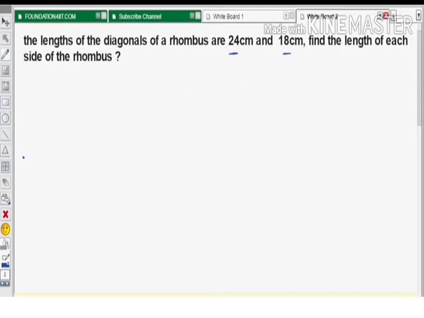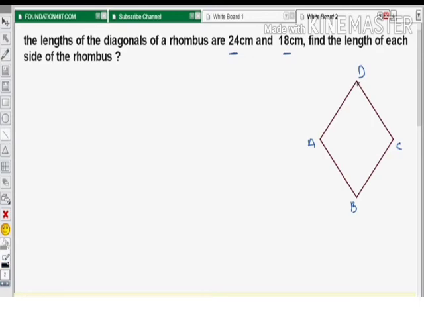If we observe the rhombus properties, every side is equal. So this is the rhombus. They have given diagonals, taking vertices A, B, C, D, and two diagonals.